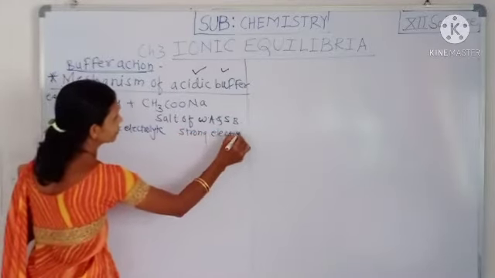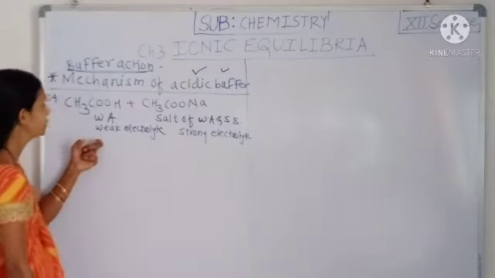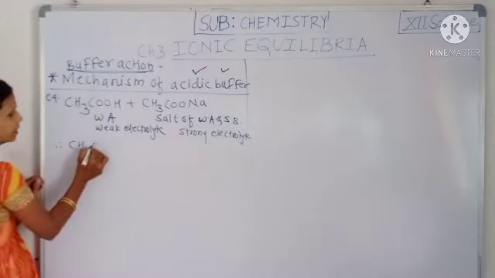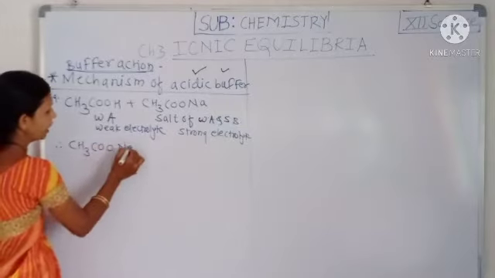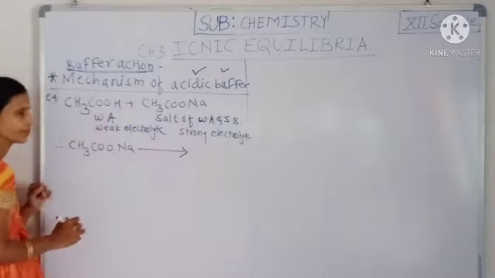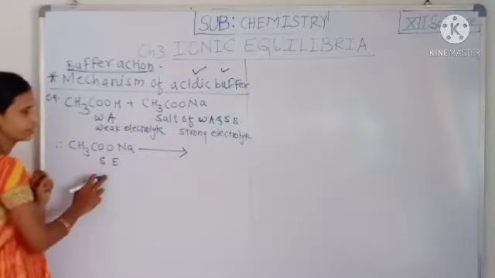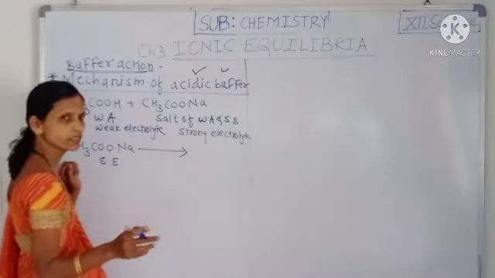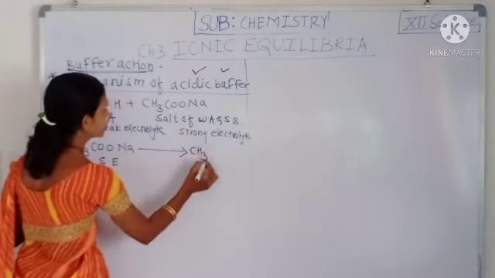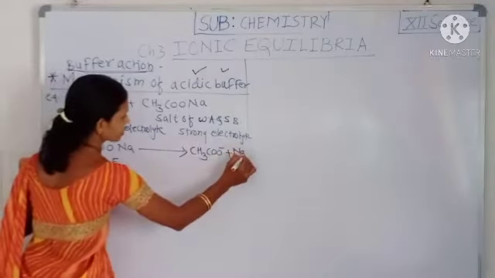In aqueous medium, CH3COONa, sodium acetate, dissociates completely because it is a strong electrolyte, giving CH3COO minus plus Na plus.